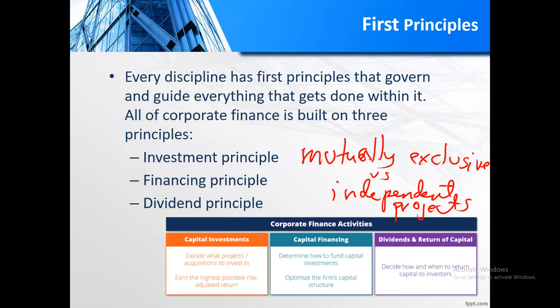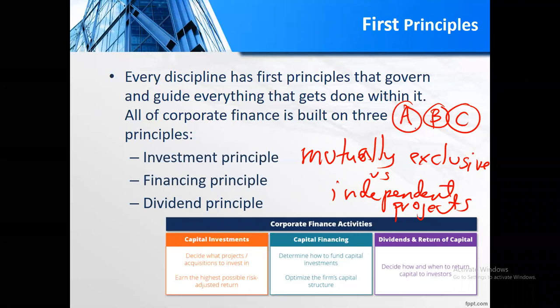Pag mutually exclusive, so for example, you have choices between A, B, and C projects. Pag pinili natin si A, you only choose one. Hindi na pipiliin si B at saka si C. Kasi exclude na siya. Mutually exclusive. So ibig sabihin, choose the best lang yan. Pag independent projects naman, pwede mong piliin lahat. So that's a difference, no, between mutually exclusive projects and independent projects.